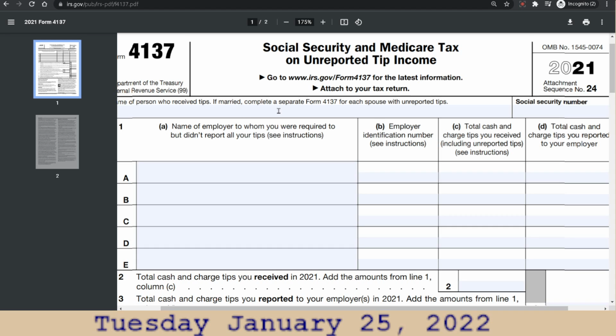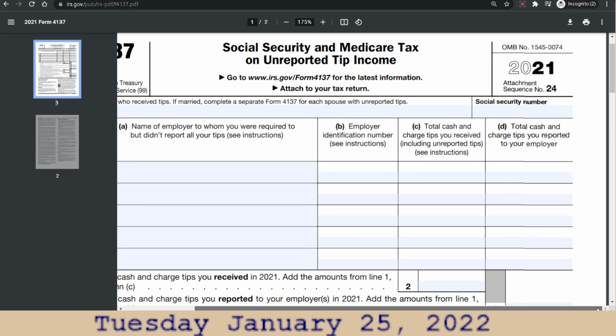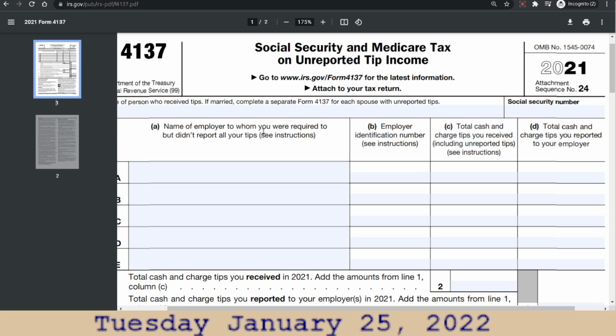If married, complete a separate form for each spouse with unreported tips. Social Security number. Okay, because of the Social Security number, you would have to have 2 forms. There's only 1 line for Social Security number. Anyways, name of employers to whom you were required to report but didn't report all your tips. See instructions.